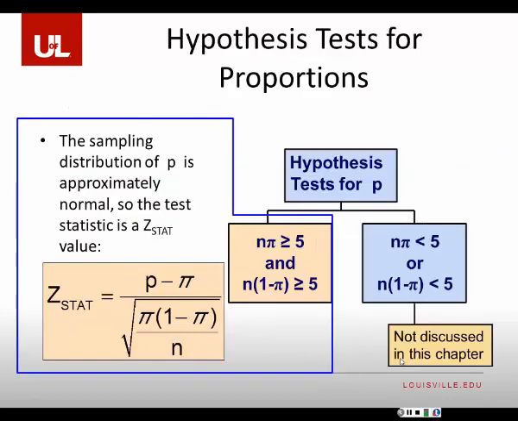But this is how we would construct a z-statistic. You take your point estimate minus the claim, and then you use the standard error assuming that the claim is true. In other words, that pi really is the population proportion. This is what's different from when we do it with a sample mean.